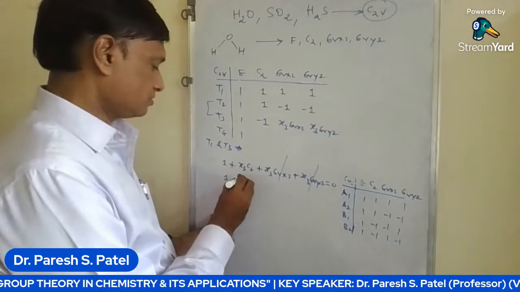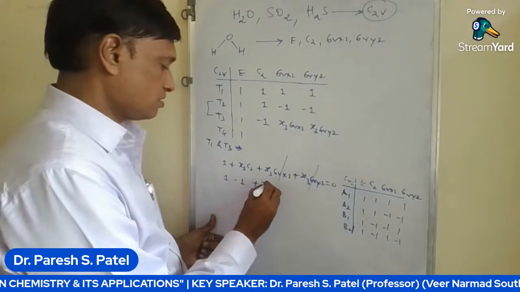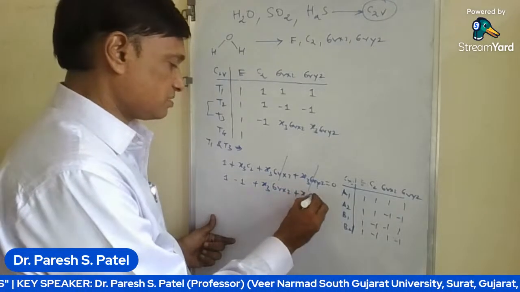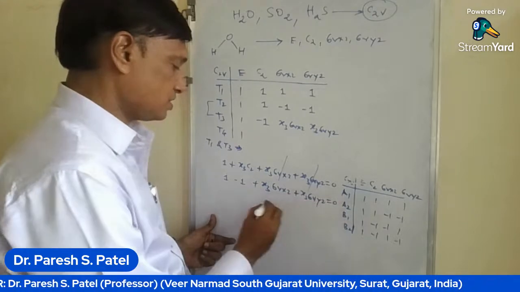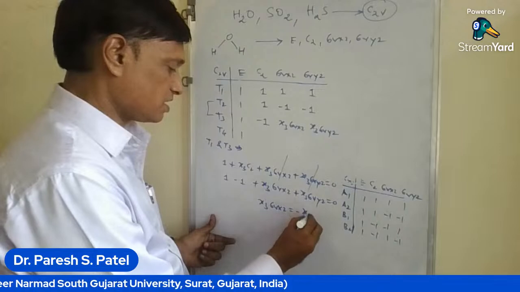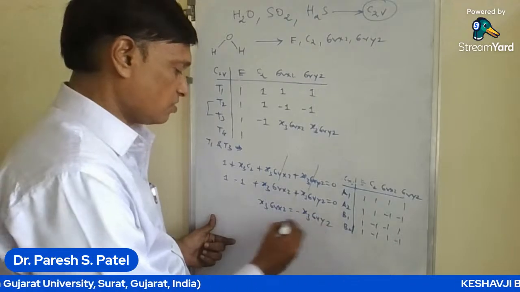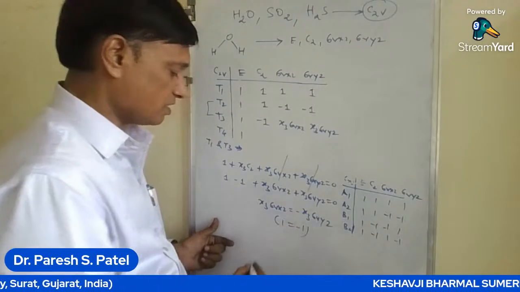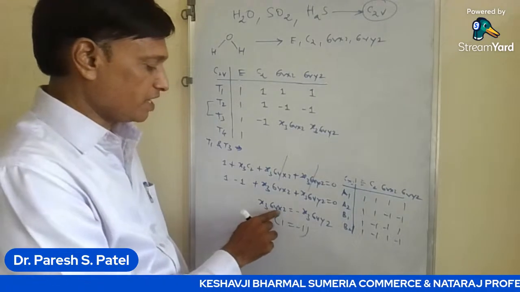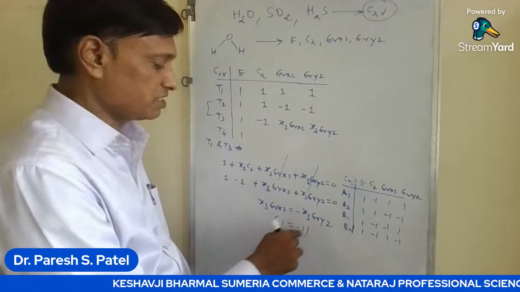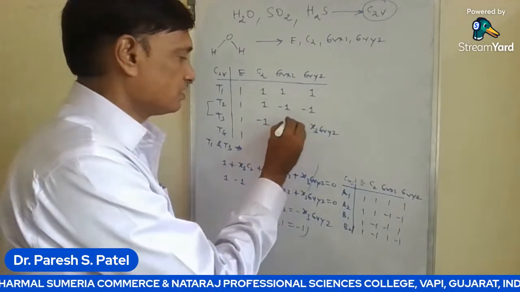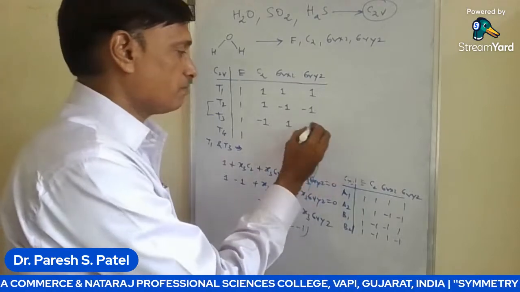So 1 minus 1 plus character 3 sigma v xz plus character 3 sigma v yz is equal to 0. So character 3 sigma v xz is equal to minus character 3 sigma v yz. It means when the value for character 3 sigma v xz is equal to plus 1, the character 3 sigma v yz should be minus 1.